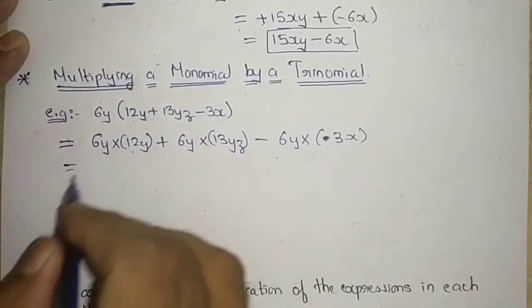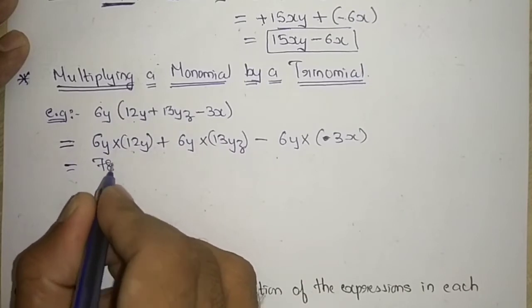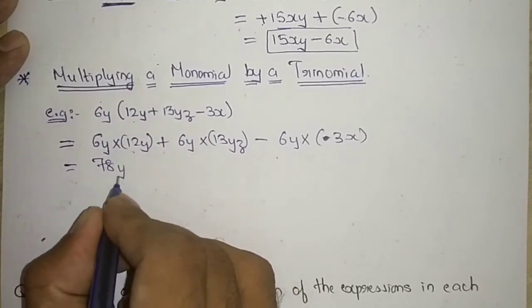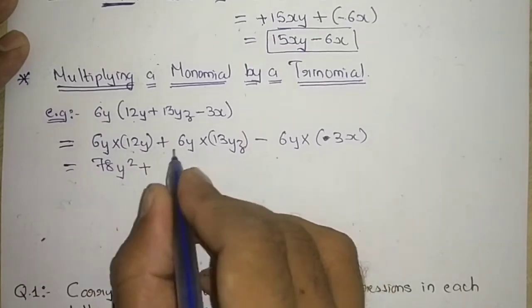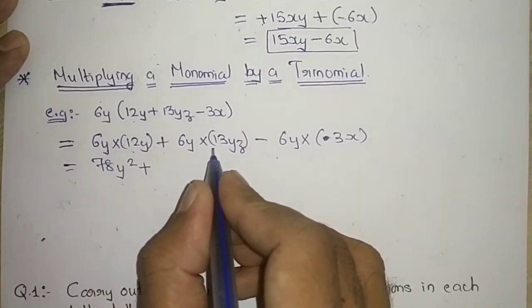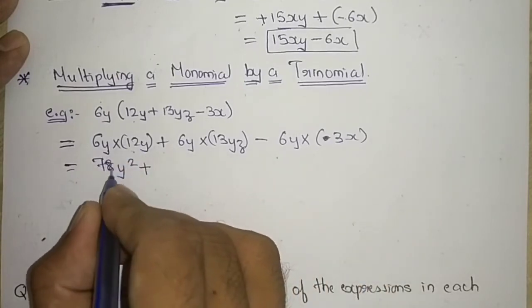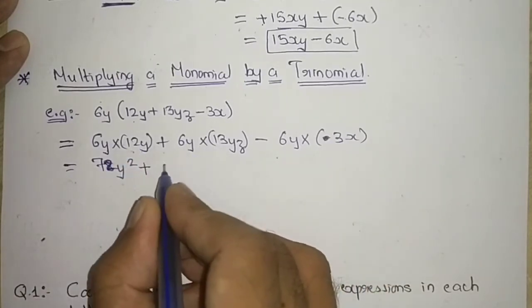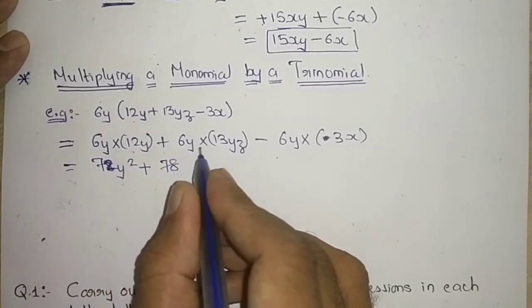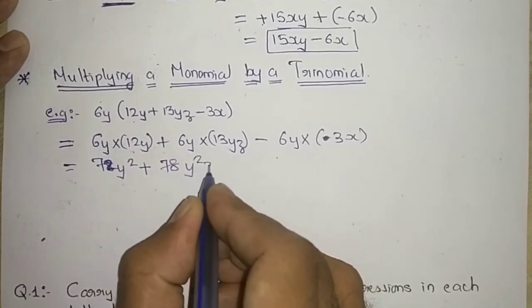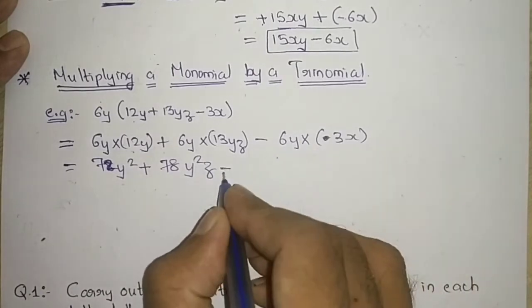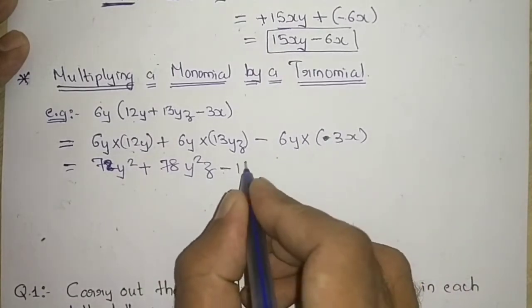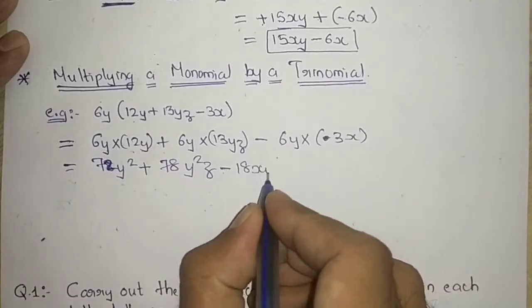So 12 6s are 72, y into y will be y square, plus 13 6s are 78, y into y is y square, z, minus into plus will be minus, 6 3s are 18, xy.